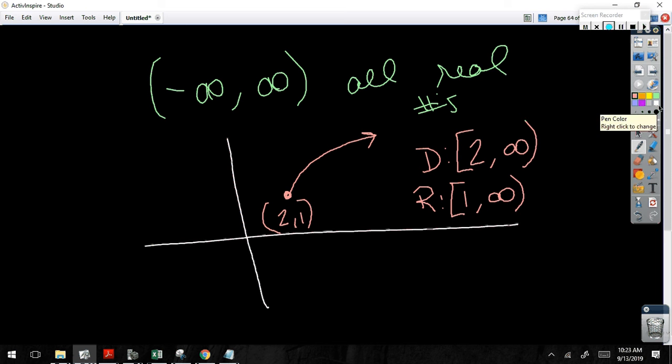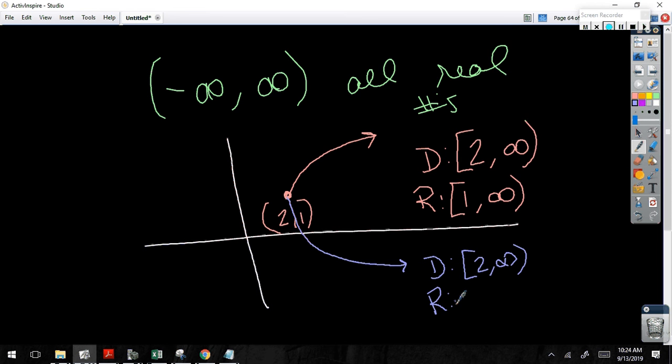How would it change if my graph was the blue graph instead of the pink graph? The domain remains the same, right? And the range is a little bit different. What happens to the range?